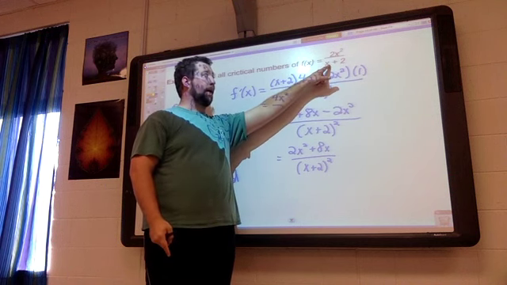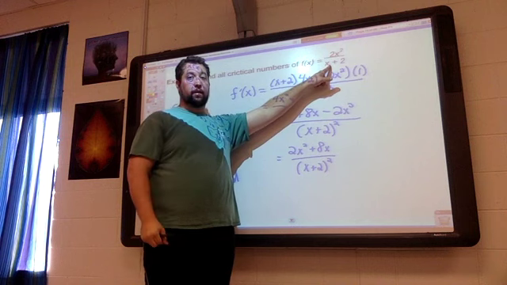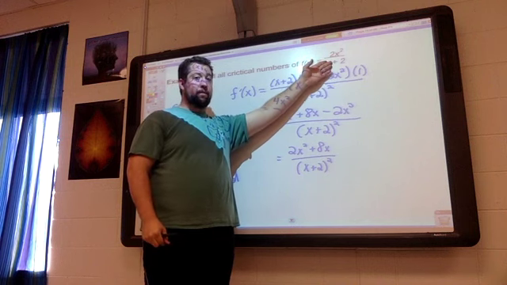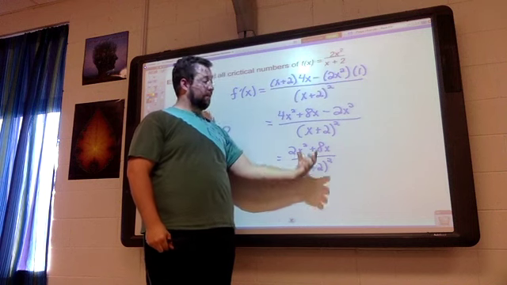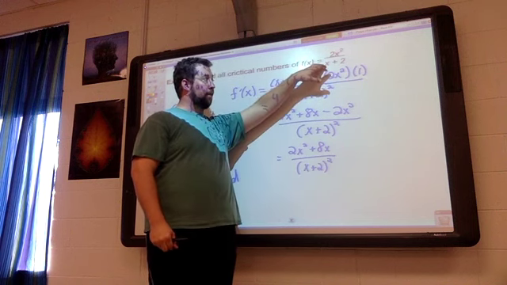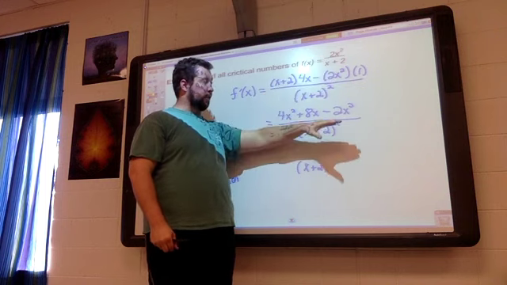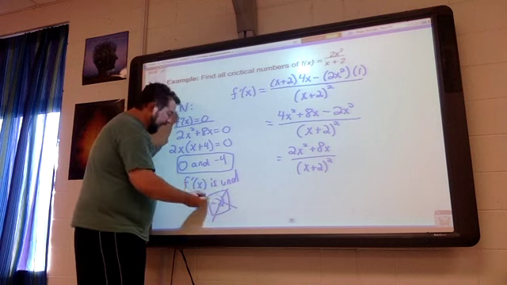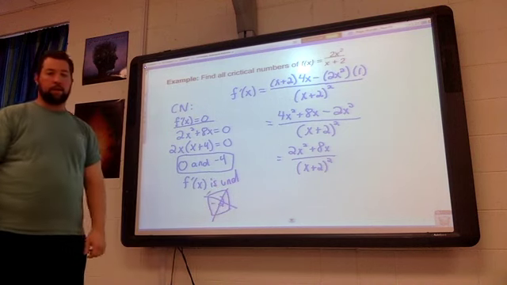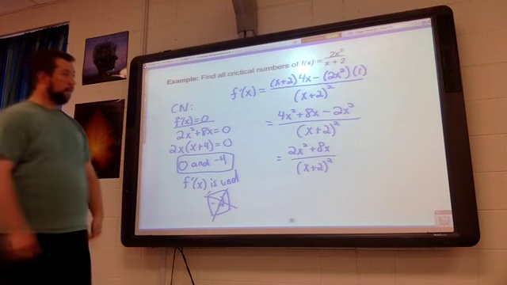If we plug a negative 2 back in here, it's undefined in the original function. Now you could have a problem where you have a number undefined in the bottom of the derivative, but not in the function itself. But this is not one of those cases. It's actually undefined in both places. So negative 2 is actually not a critical number, because it's not in the domain of the function.